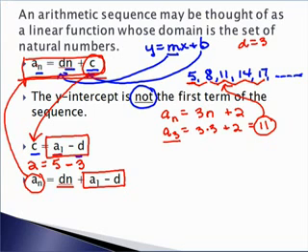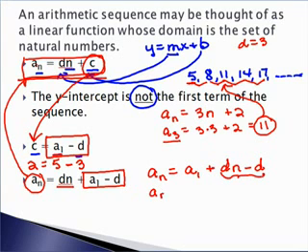So if I rearrange this formula then, and I notice that 2 of the terms have a d in it, so I'm going to switch the order of the a sub 1 and the dn. So I'm going to put the a sub 1 first, and then d times n, and then minus d. Now these two have a common factor. Their common factor is d. So I'm going to factor out that d, and I get n minus 1.